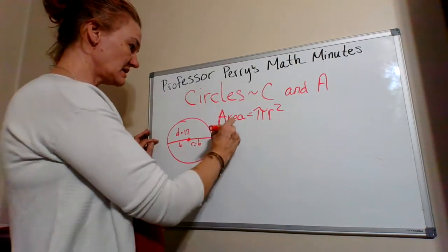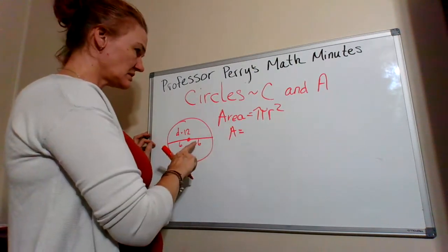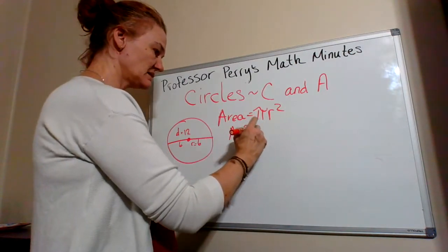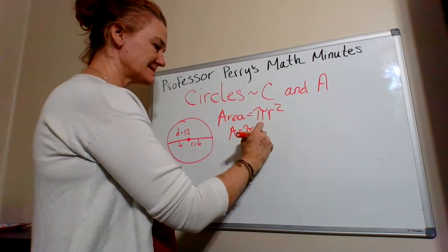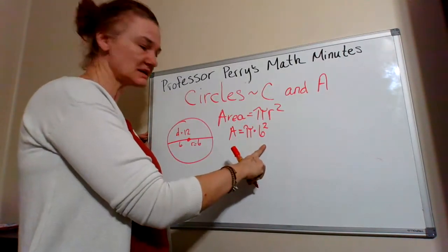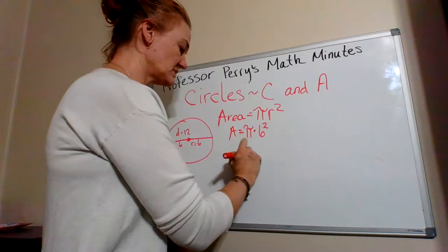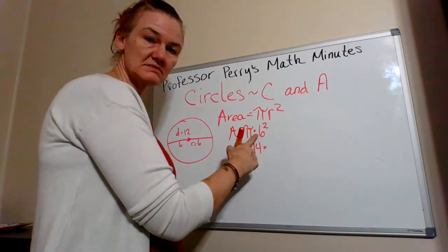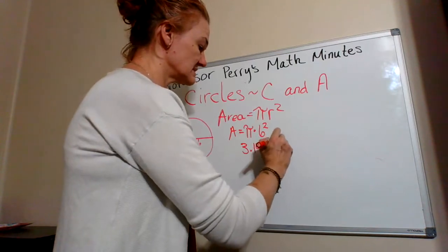So my radius is 6. So I have pi times 6 squared. That does not mean 6 times 2. I have 3.14 times 6 times 6, which is 36.